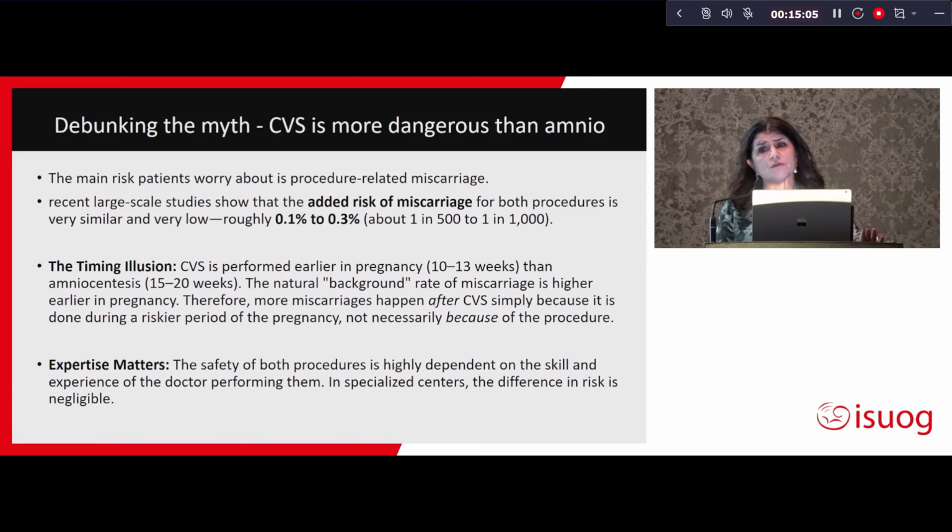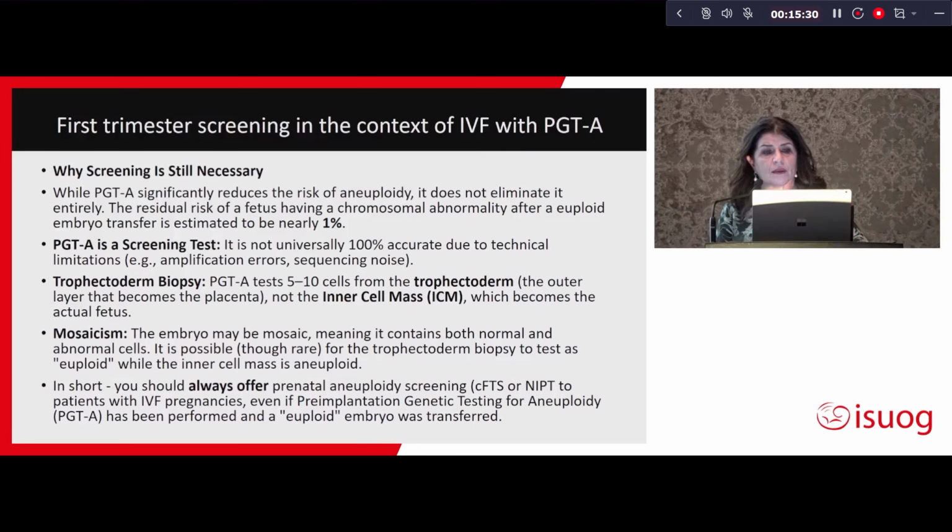So it's very important for people to realize that in the right expert hands, CVS is as safe as amniocentesis in terms of procedure-related risk. And the difference is that because you do a CVS earlier, the background risk of miscarriage is higher, and that's why it is perceived that the risk of CVS is higher than that of amniocentesis. So don't delay invasive diagnosis when it's necessary.